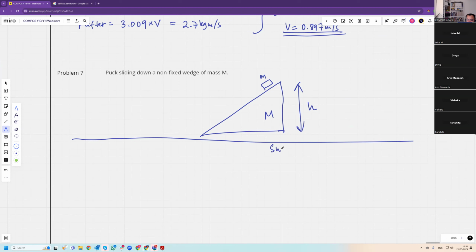And this is a smooth table. Yeah, the puck will move that way, and the wedge will move that way.